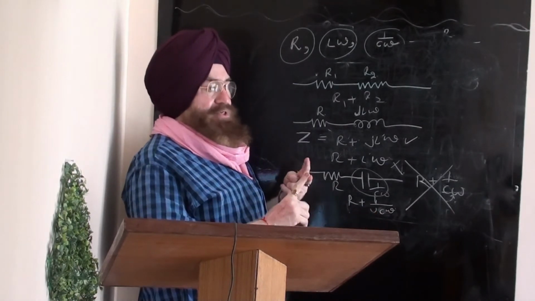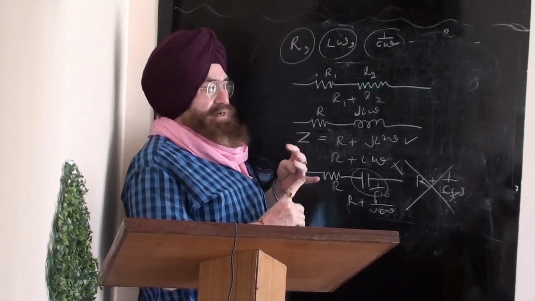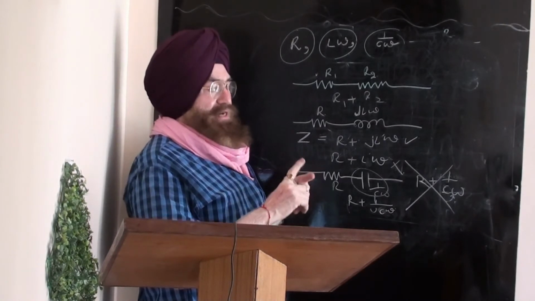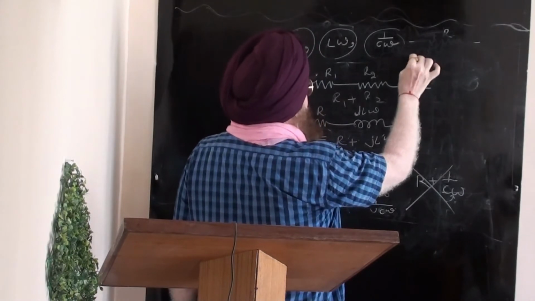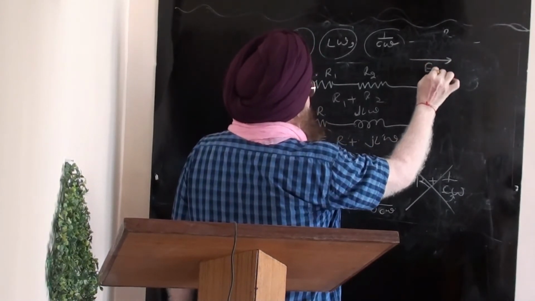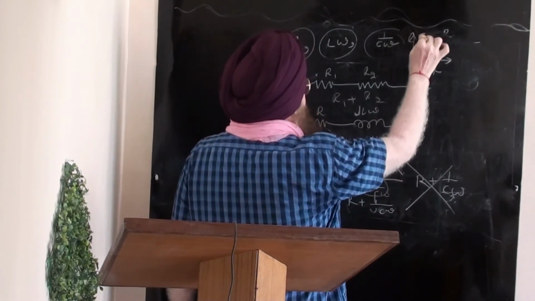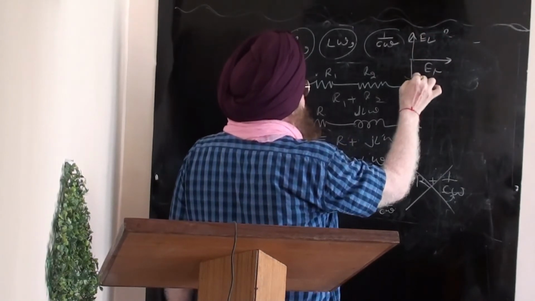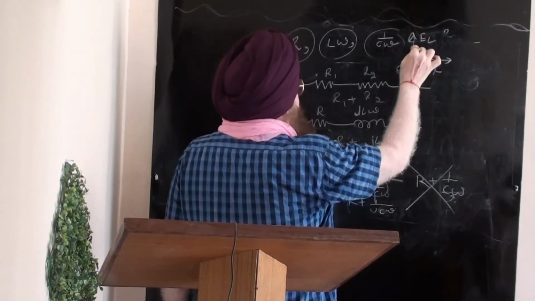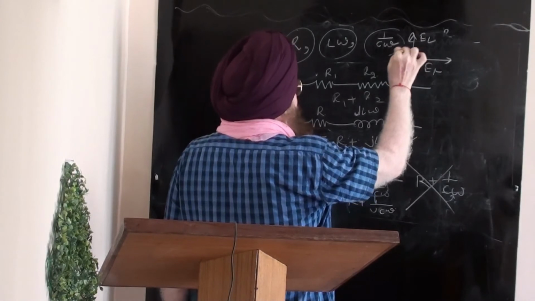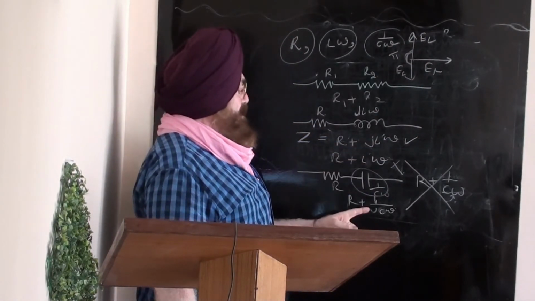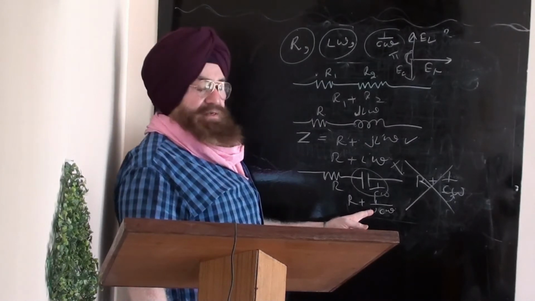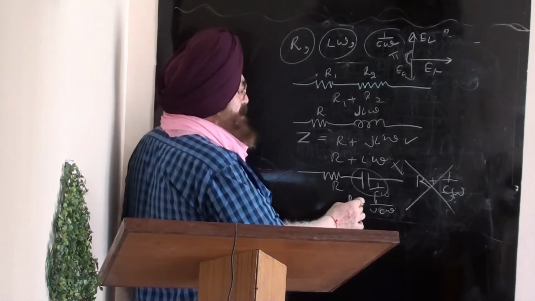Between the capacitor voltage and the inductor voltage there is a phase difference of pi. Like this is ER, this is EL, this is EC. So this difference is of pi radian. That's why J in the numerator, J in the denominator. So it is okay to write R plus 1 over JC omega.